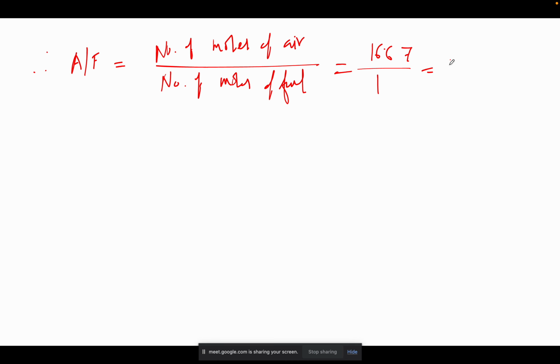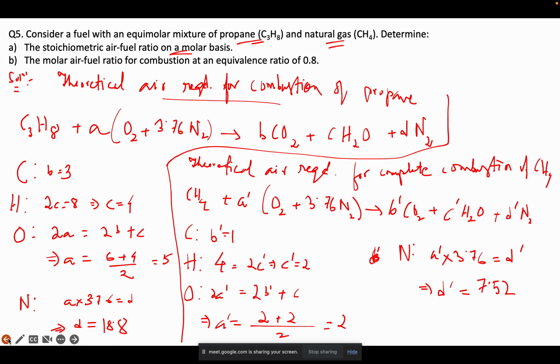So this is basically 16.67 kilomole of air divided by 1 kilomole of fuel.